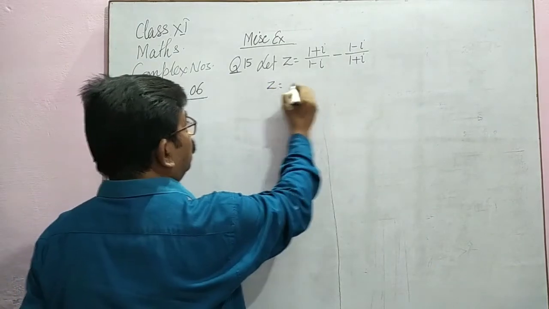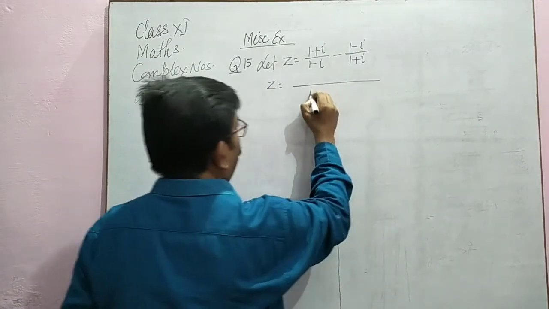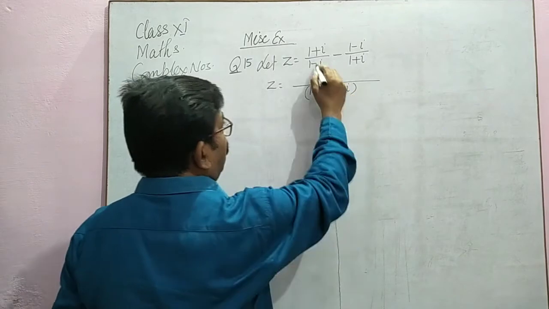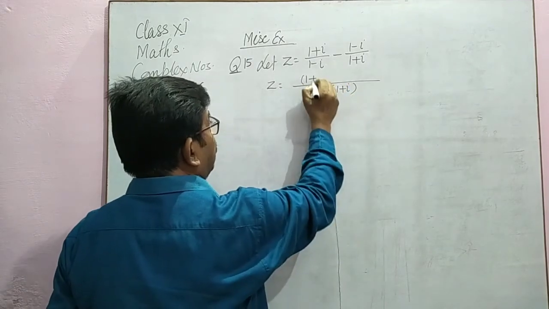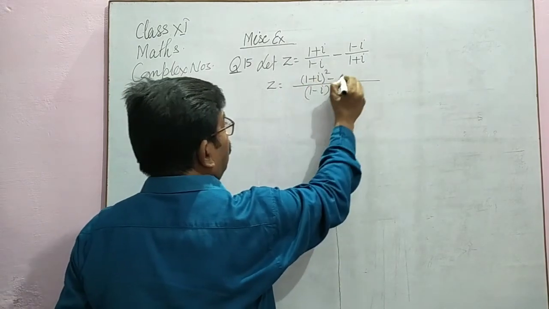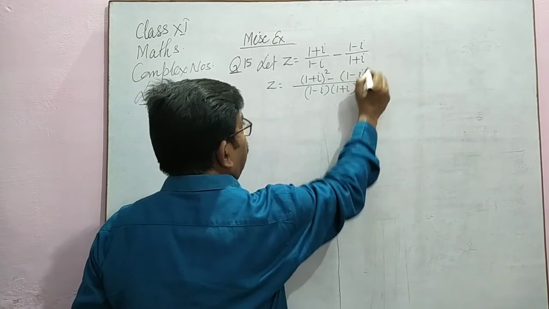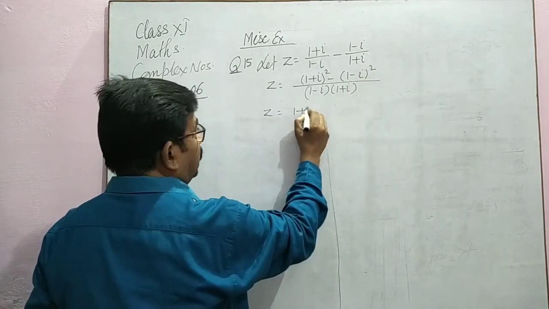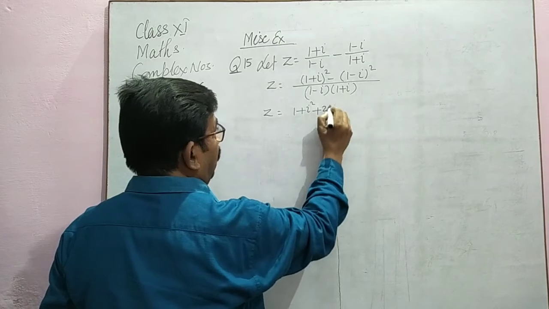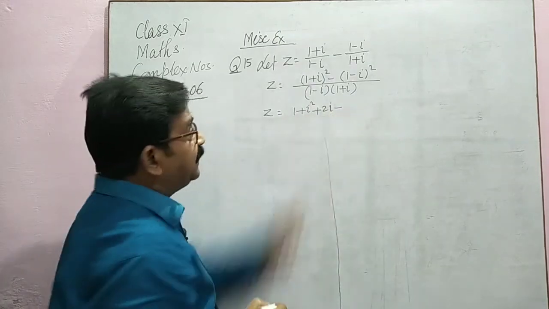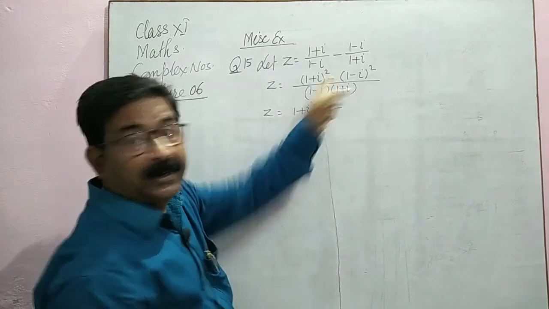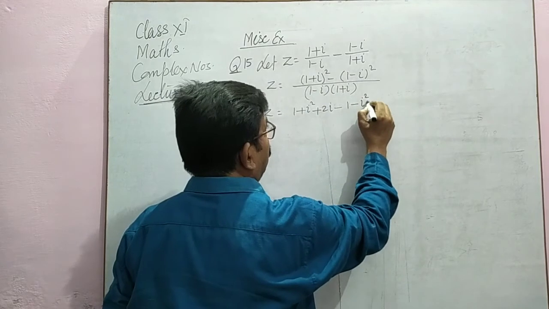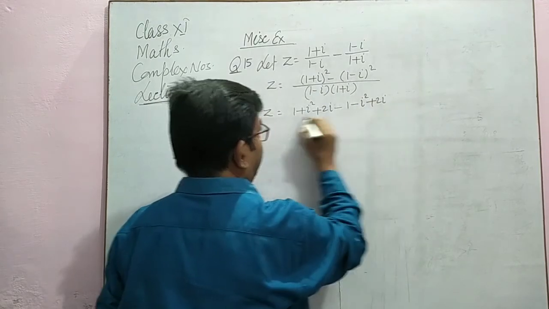z is equal to, you may take the LCM, (1 minus i) into (1 plus i). We have (1 plus i) whole square, minus (1 minus i) whole square. z is equal to, break this, 1 plus i square plus 2i, minus, by changing the sign because the minus sign is outside, 1 minus i square plus 2i.